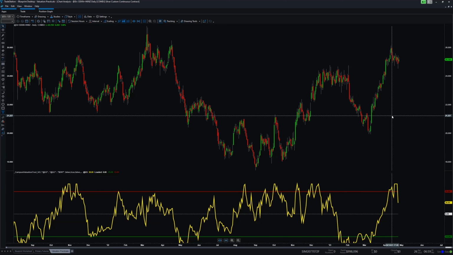This is not going to be our primary tool, but this is going to be our secondary tool, our odds enhancer. So how would we again go about this?